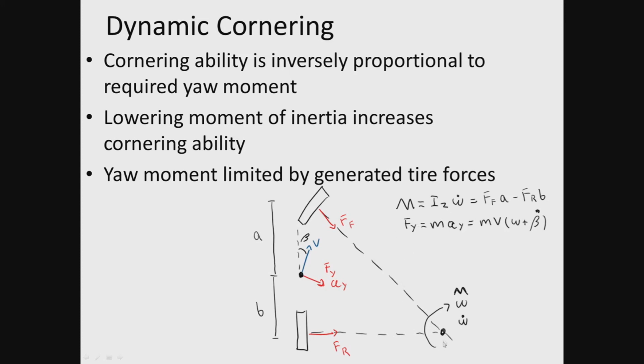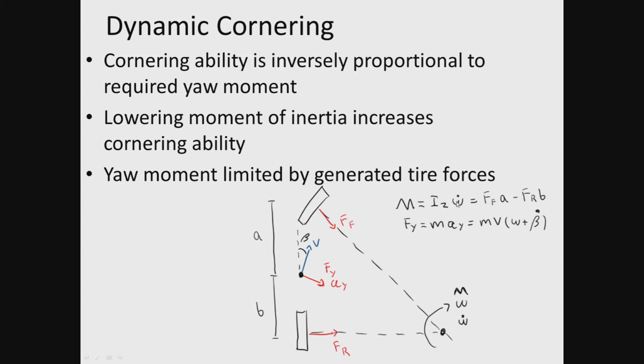And this is applying a torque about this point, or we refer to it as a moment in this situation. The higher the moment that you're generating here, the faster the turn is going to be, essentially. But likewise, you want to minimize the amount of moment that you need for a given angular acceleration. The way you do this is by lowering the moment of inertia in the car.